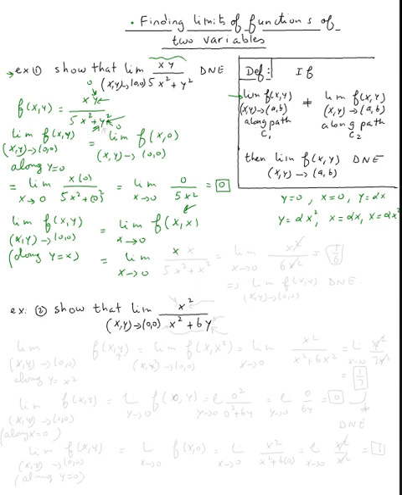So you get x times x over 5x squared plus x squared, which is equal to the limit of x squared over 6x squared as x approaches 0. Simplify this and you get 1 over 6. So therefore the limit does not exist because along two paths we don't approach the same number. So the limit of f(x,y) as (x,y) approaches (0, 0) does not exist.